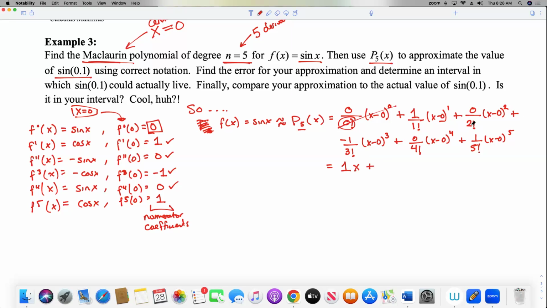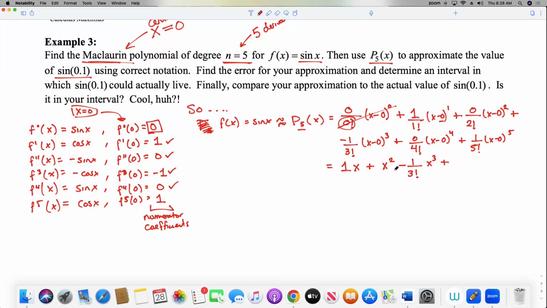Plus 0 over 2 factorial is 0, times x minus 0 squared is x squared. Plus minus, that's going to become a minus 1 over 3 factorial x cubed, plus 0 over 4 factorial is 0.